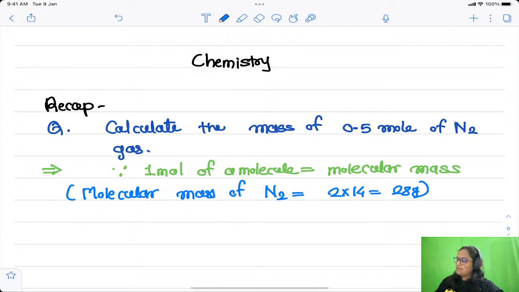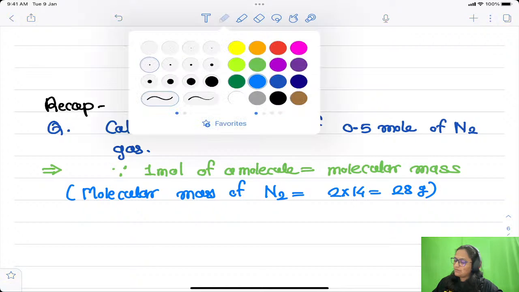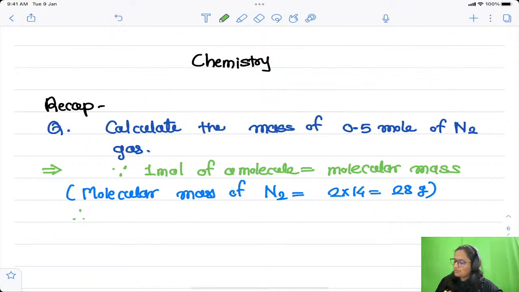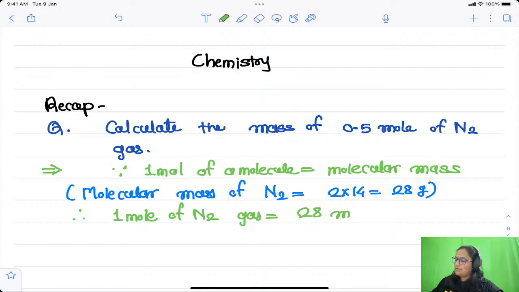Therefore 1 mole of N2 gas molecule is equal to 28 gram.